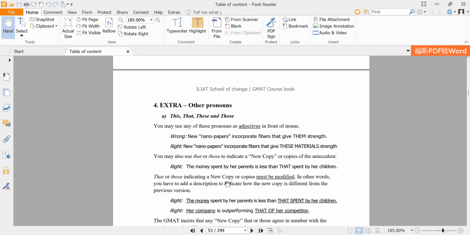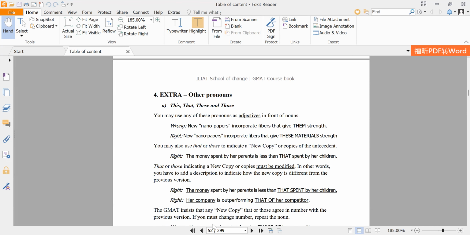This is specifically GMAT required. Okay, so I'm on page 53. I forgot to mention that. I'm on page 53 of the course book. You can turn to this page to make it easier to follow. All right. Extra rules for pronoun usage. So the four pronouns, this, that, these, those have specific rules.